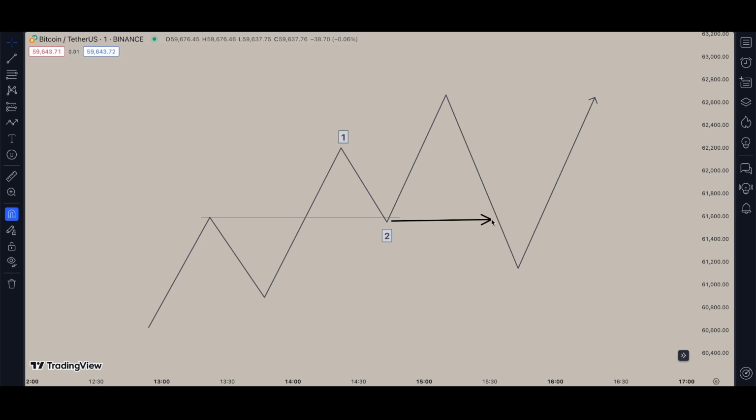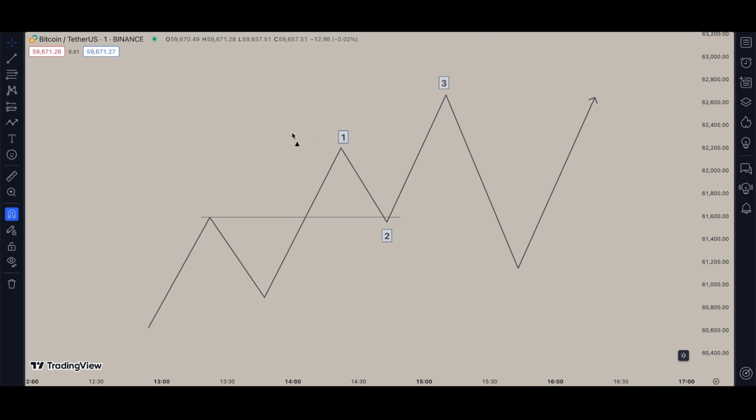So price does that over here. As soon as it goes below this level, this high is confirmed as #3, which is the next step in the SBS sequence. So #3 is confirmed as soon as price goes below #2.